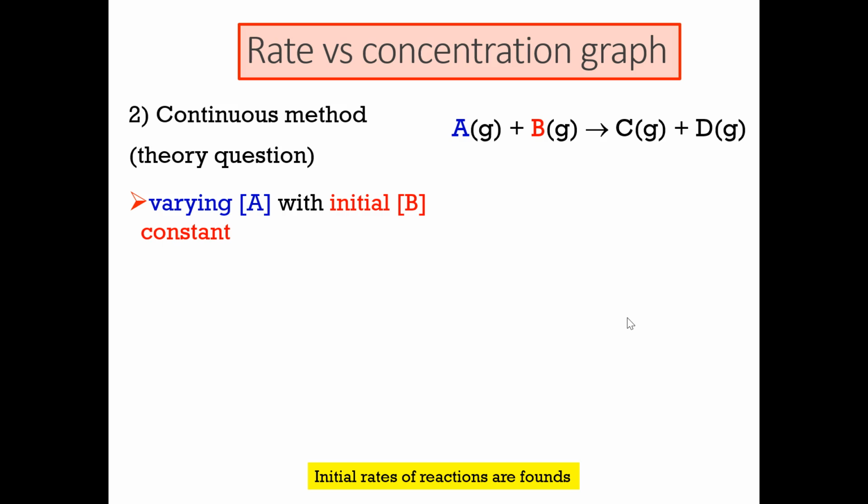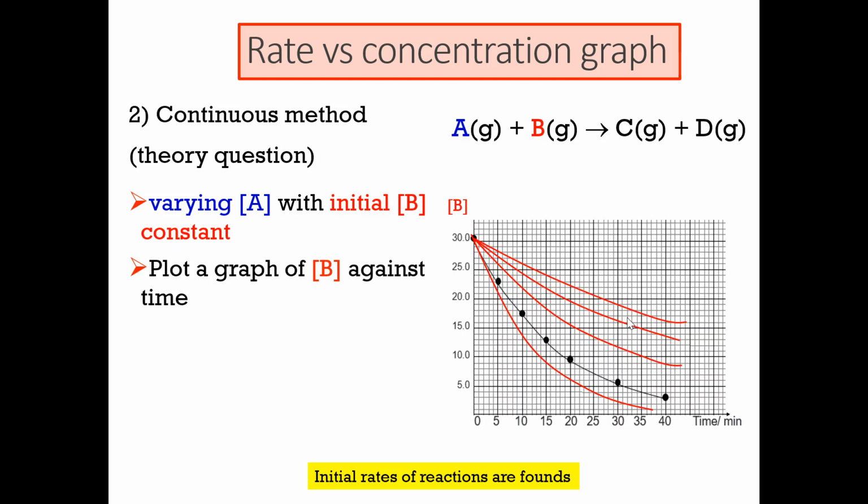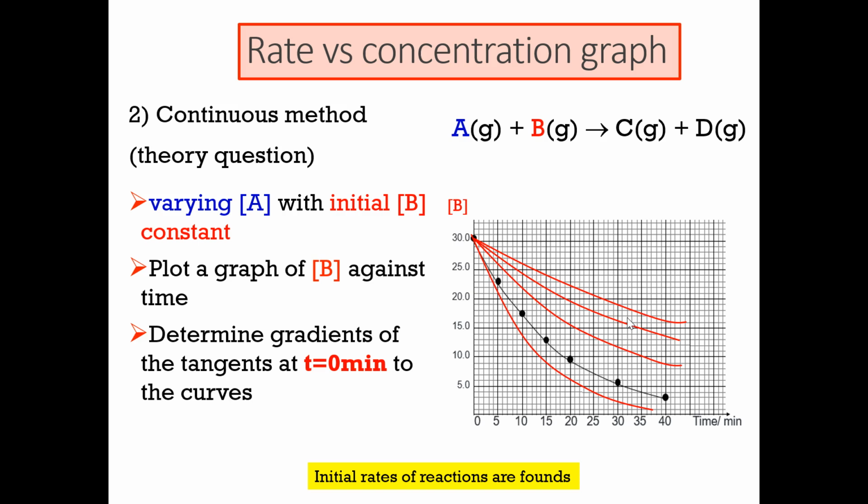If we were to use a continuous method, then we'll vary A with our initial concentration of B being constant so that we will plot. And yes, every line is one experiment, and then we will draw the gradient at time equals 0 for all the lines that we have to get the initial rate.